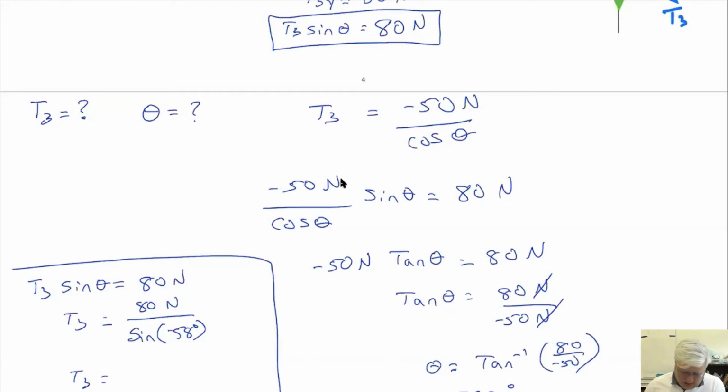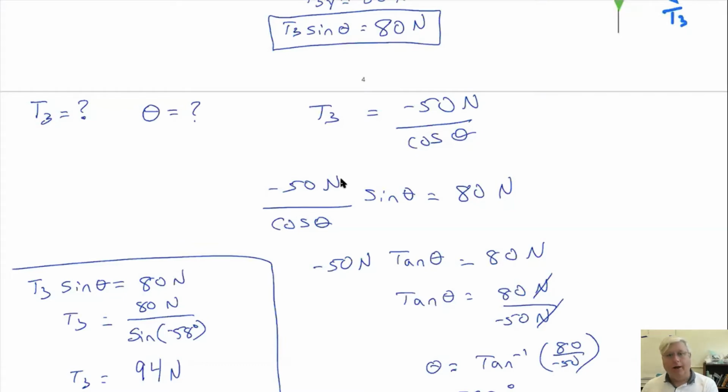Okay, and here I get 94 newtons. Okay. Right, and so the negative really wasn't necessary there, because we're just dealing with the magnitude, right? Magnitude, we don't have direction.